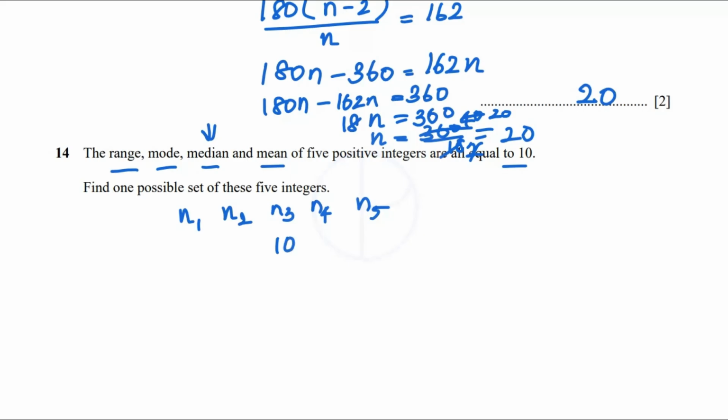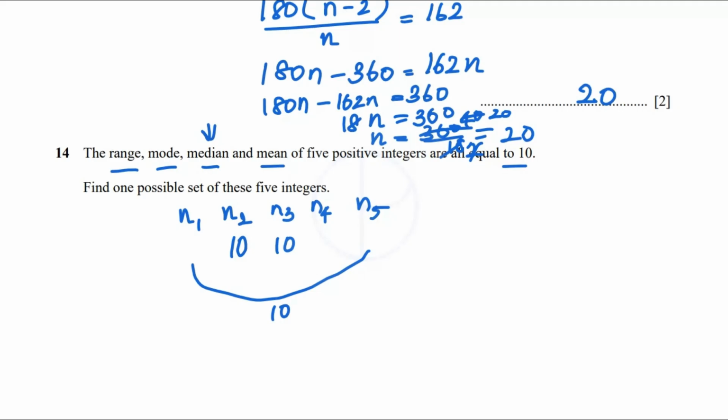Mode is the most repeated number, so 10 is repeated at least 2 times. Let's take this also 10. The range is also 10, that is the difference between n1 and n5 is 10.